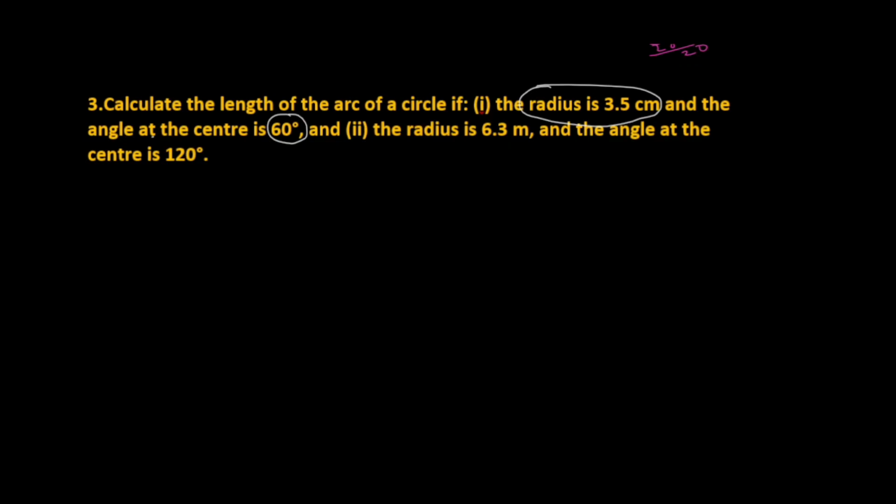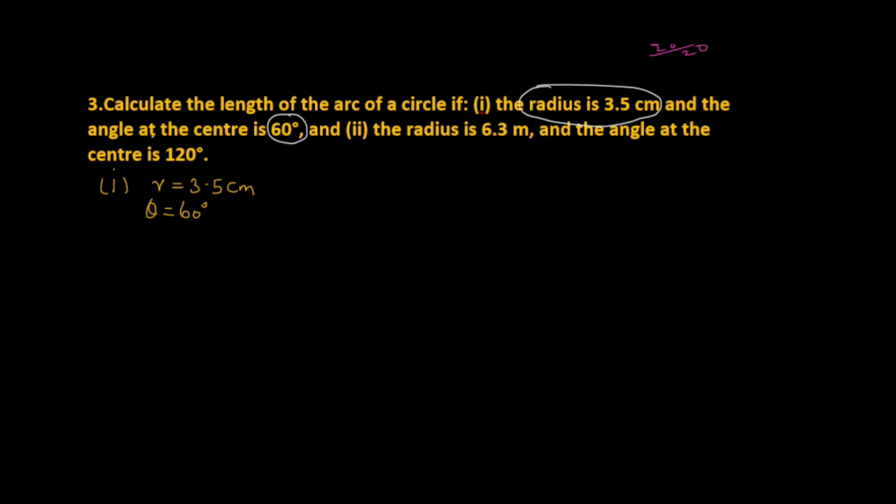So two subdivisions are there. We will find that. For the first subdivision, radius is 3.5 centimeter and the center angle theta is 60 degree. So we need to find the length of the arc.